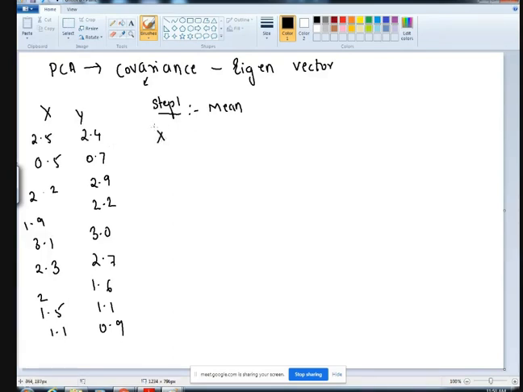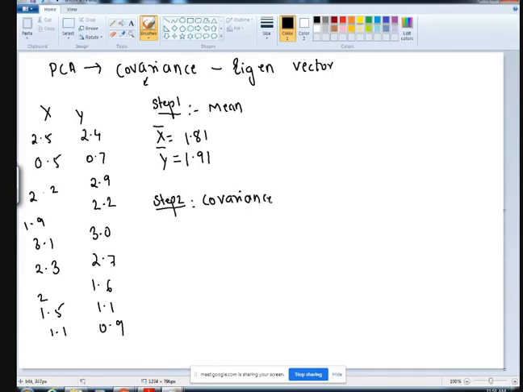With that, you will get the value of x bar, which is equal to 1.81. Similarly, for y, we find the mean of y, which in this case equals 1.91. After this, step 2 will be to find the covariance matrix.